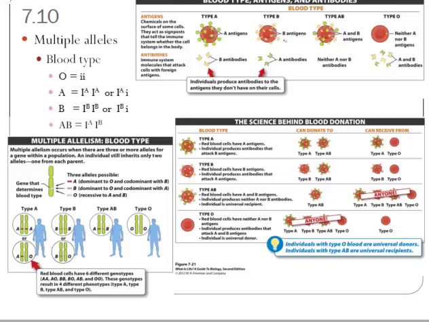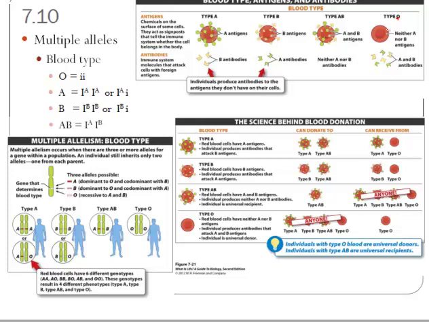Type B has a different shape, little triangles or pointy ends. If you're type AB blood, you have both the little round shape and the pointy shape. So that's a mixture of both. It's not an intermediate. They both show up. They're codominant. If you have type O, you actually have neither of those particular sugars on your red blood cells.